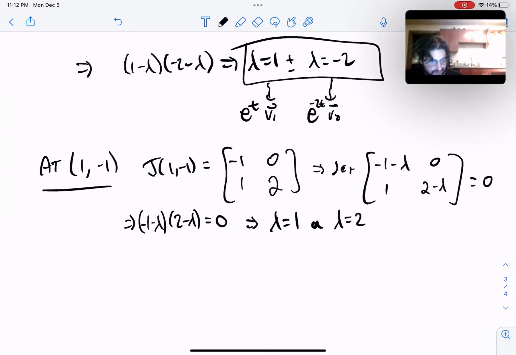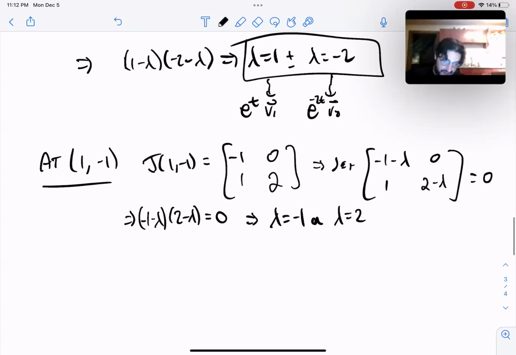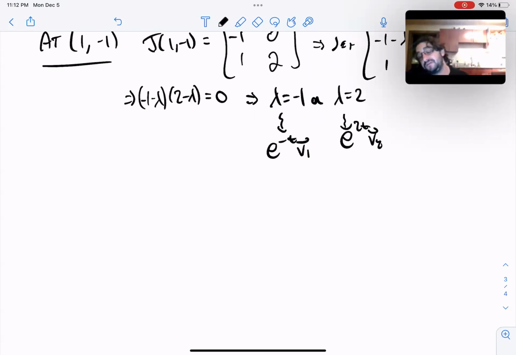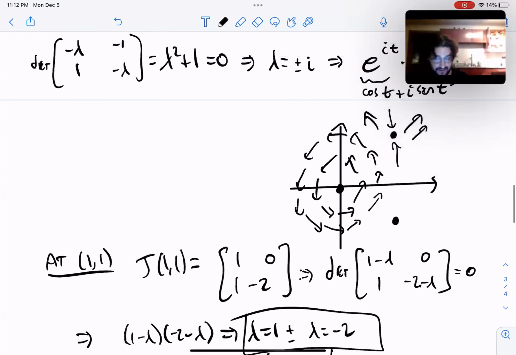There we go. So our lambdas here are distinct and real, right? So again, this will correspond to something like this, and this will correspond to something like this. What those v1 and v2 are, we could solve for, but they're just approximations anyway, right?